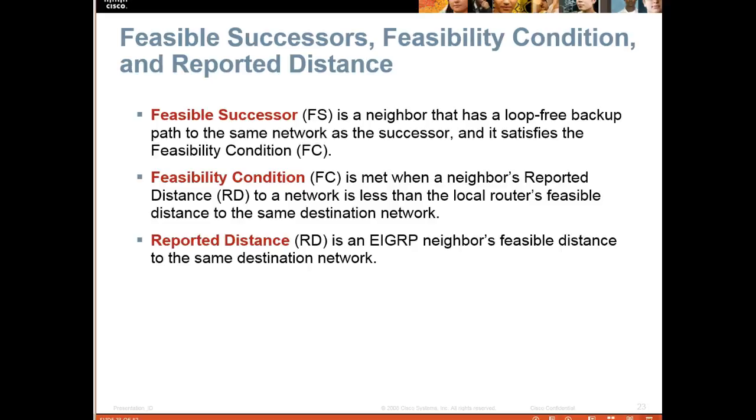If he's got a reported distance less than this router's feasible distance, then it meets the feasibility condition for being a feasible successor. And the reported distance is an EIGRP neighbor's feasible distance. So the feasible distance on your router becomes the reported distance on another router when you tell that router about it.